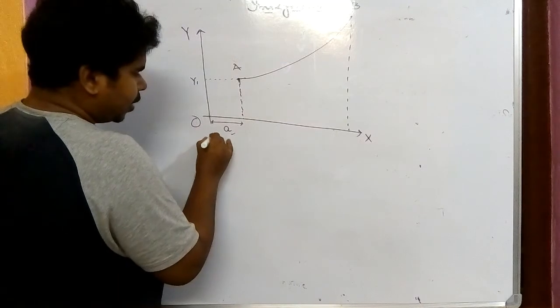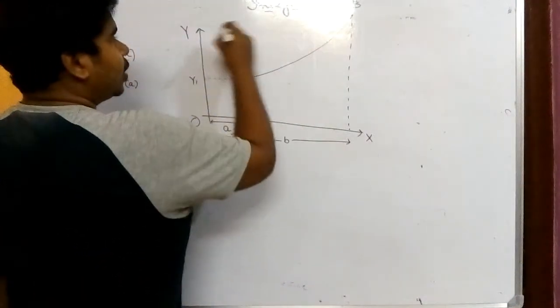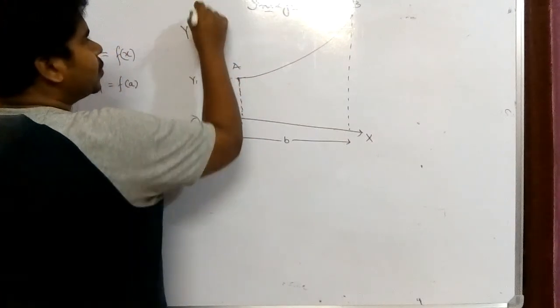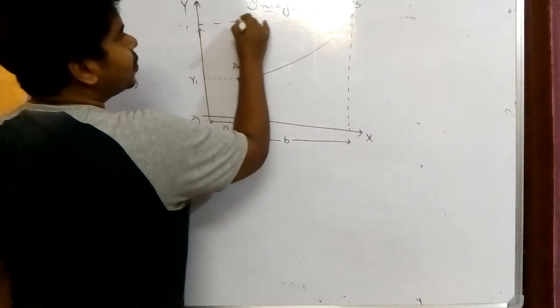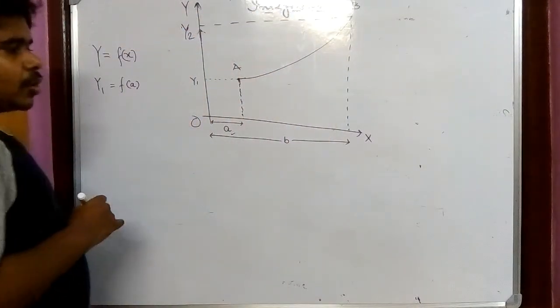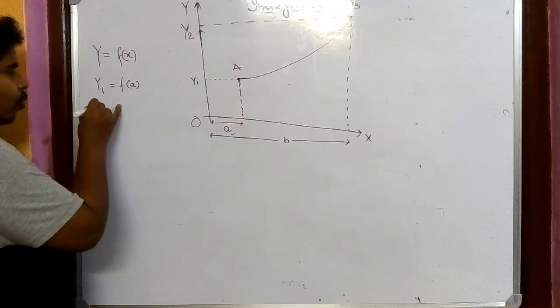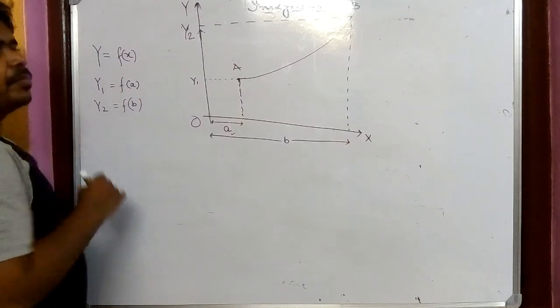Assume this distance is b, and the height is y2. So we can write y2 equals function of b.